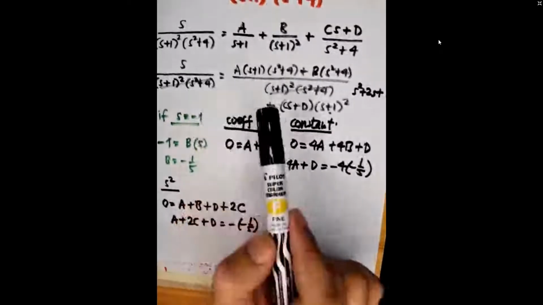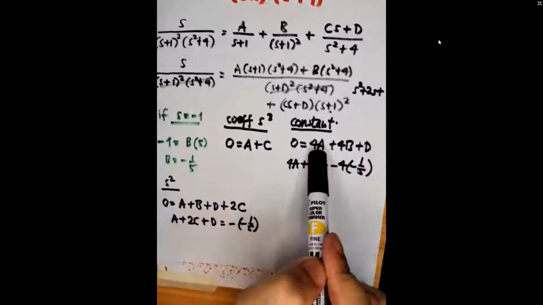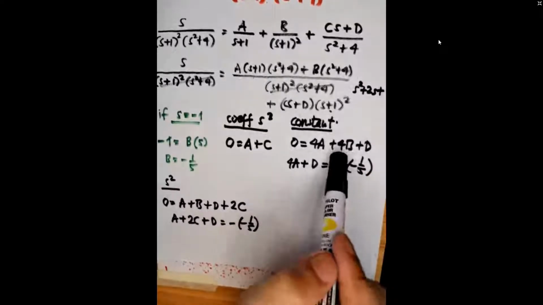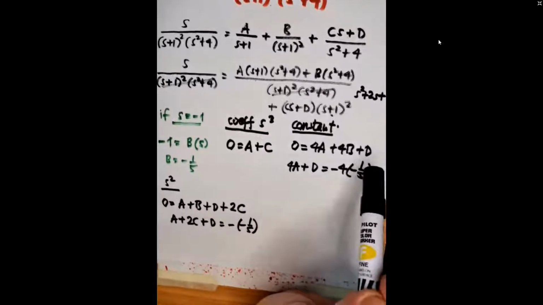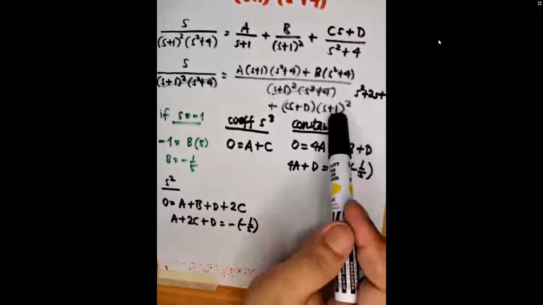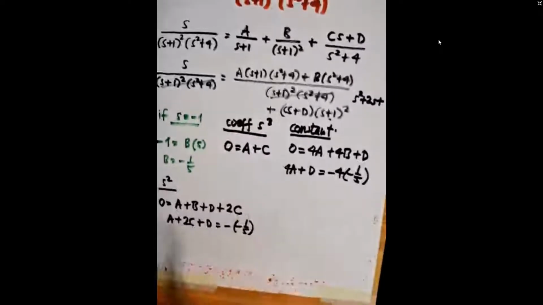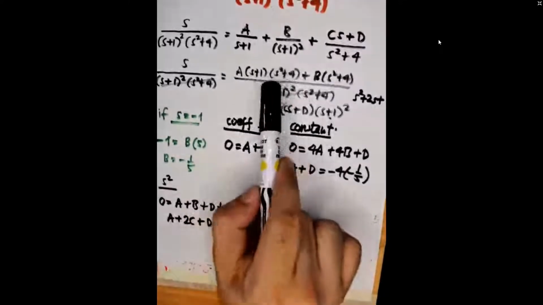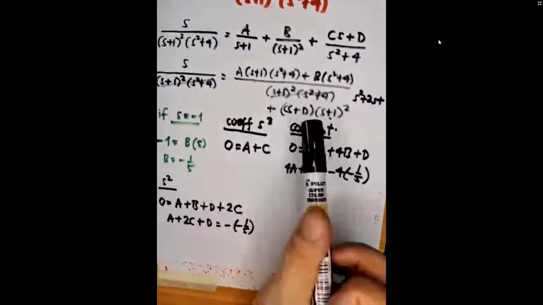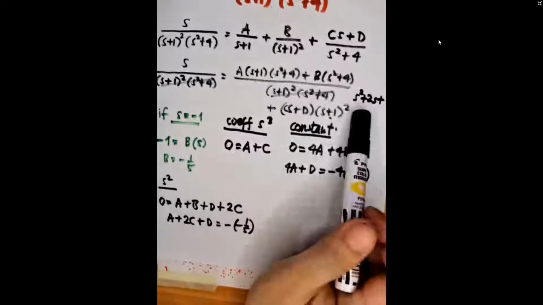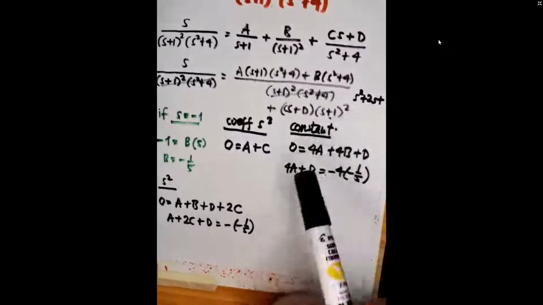Pag constant, 4A plus 4B plus D. Pag s squared, A, B, D, 2C.